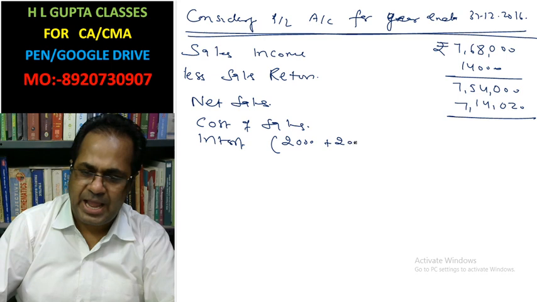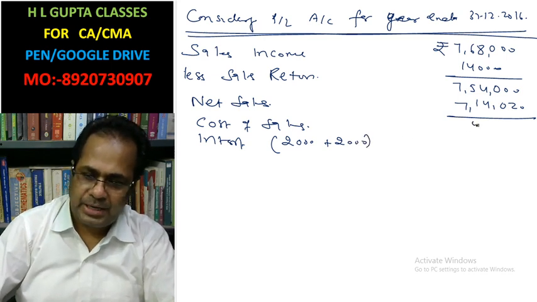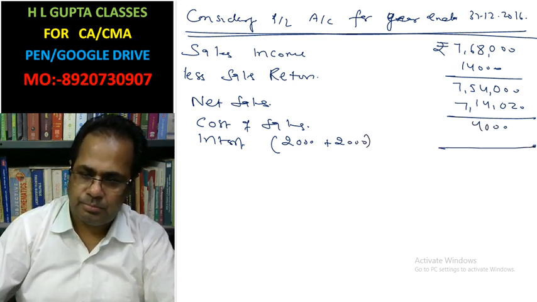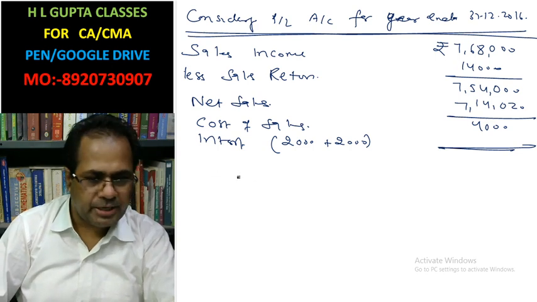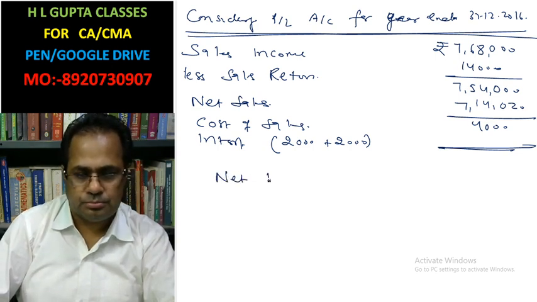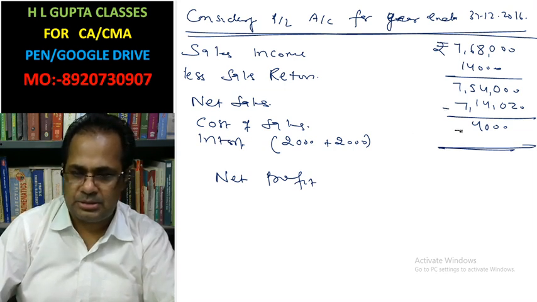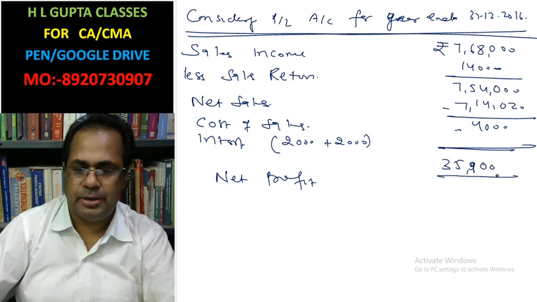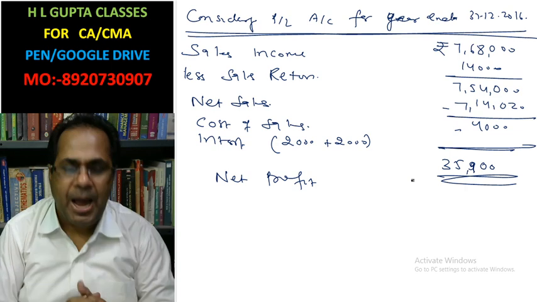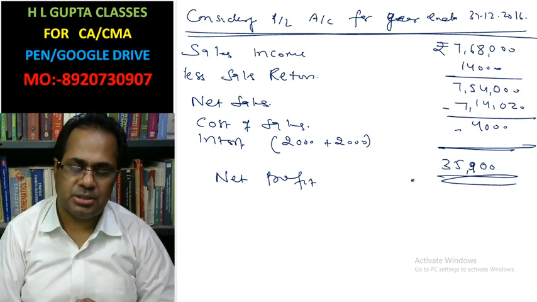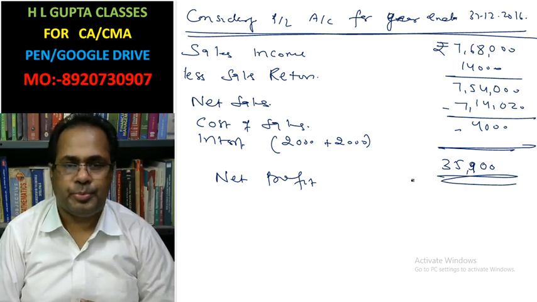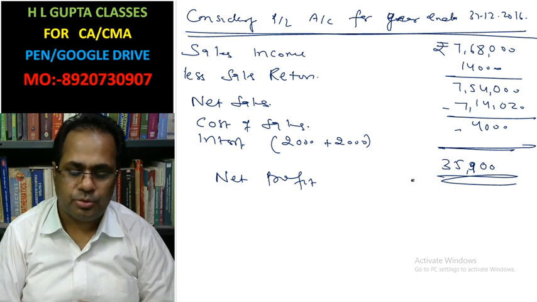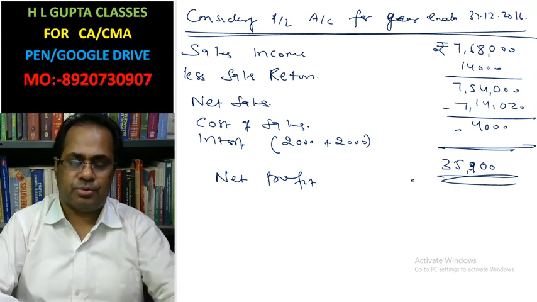A 2,000 accrued, that is 4,000. Net profit, this is minus 35,900. You will have to practice these questions. Practice doing questions. Okay, thank you.